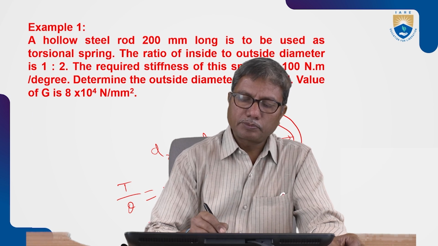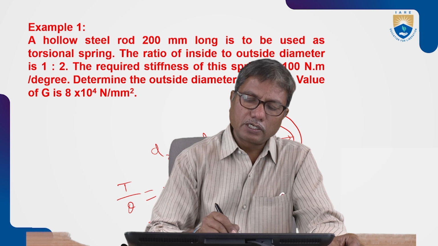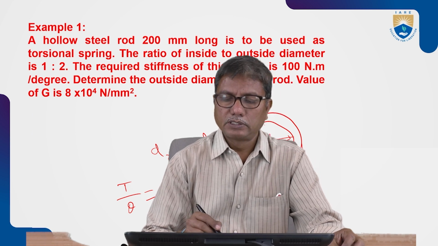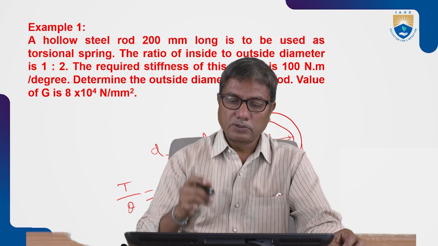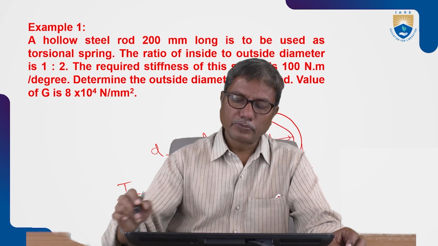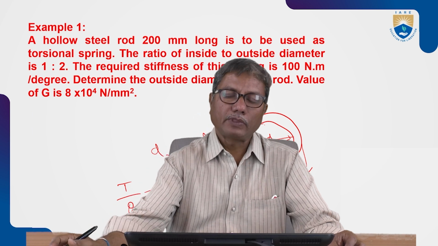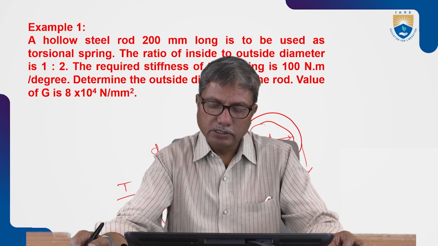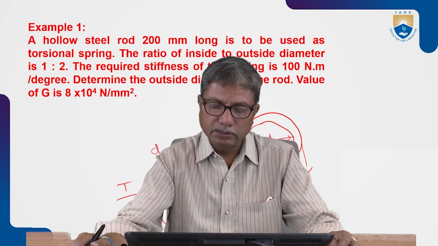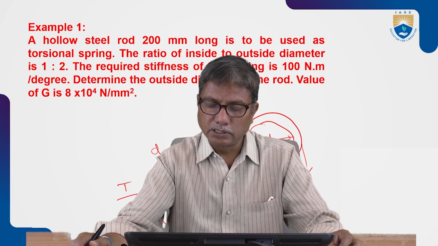It can also be expressed as Newton meter per radians, and the value of this in radians is found by multiplying with 180 by pi. 1 degree is pi by 180 radians.